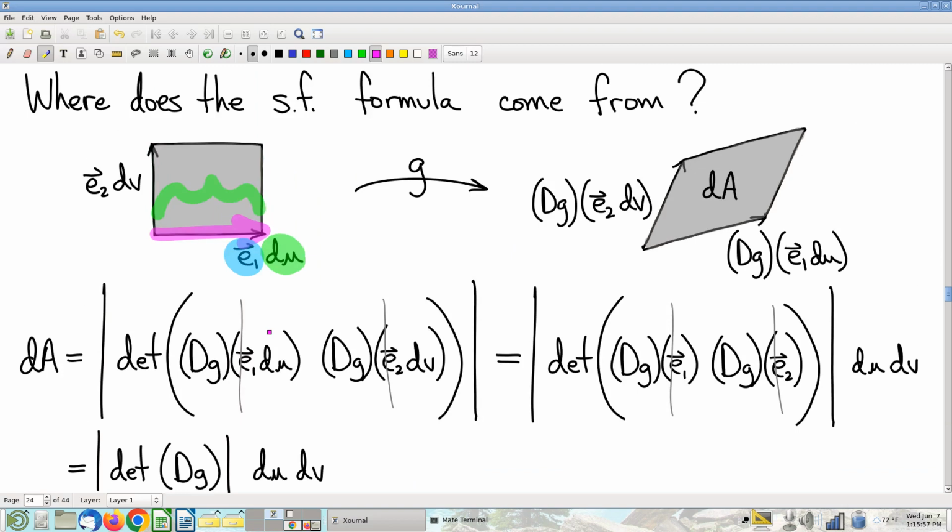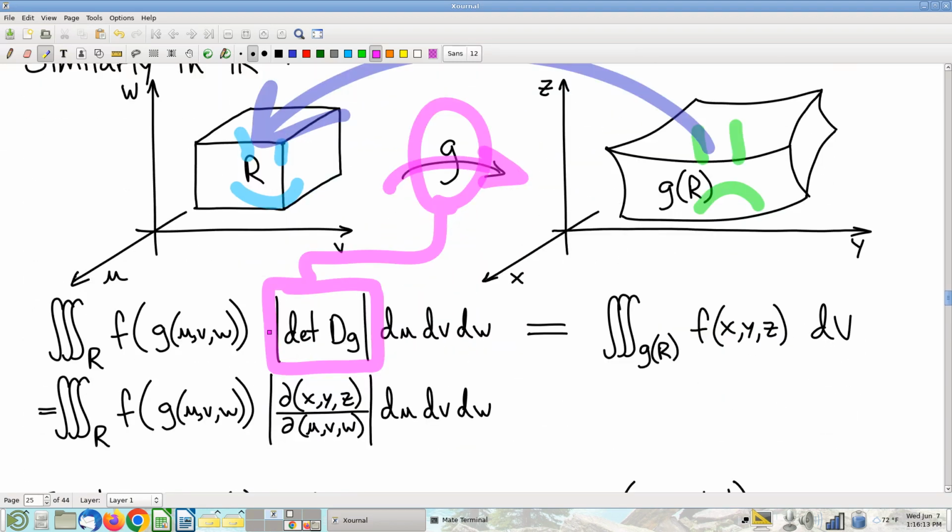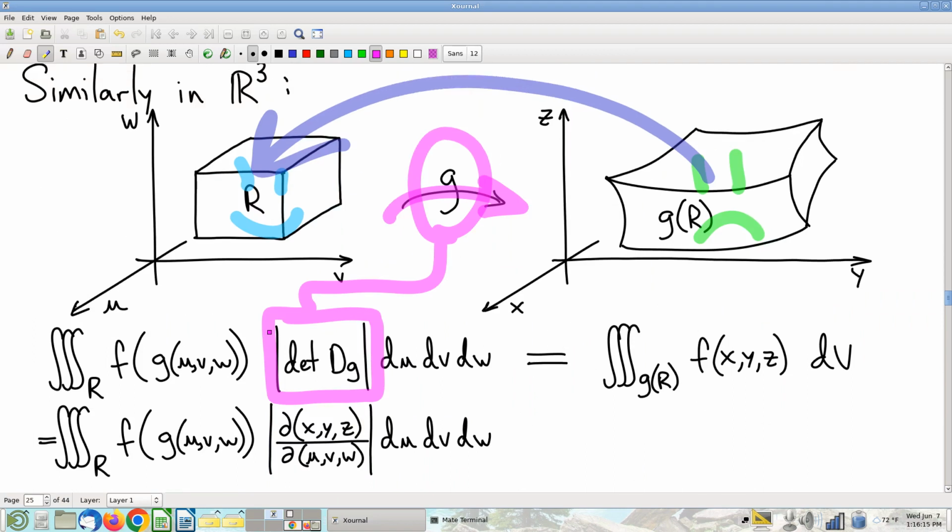Figure out how to take this argument here for a 2-dimensional stretching factor. How would you adapt it, in a 3-dimensional context, to justify this 3-dimensional result here? Okay. And again, handy-dandy notation that I like a lot.